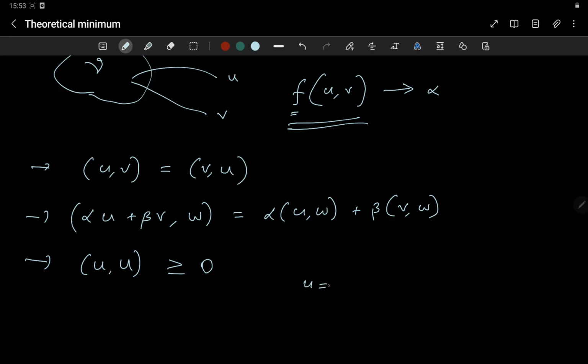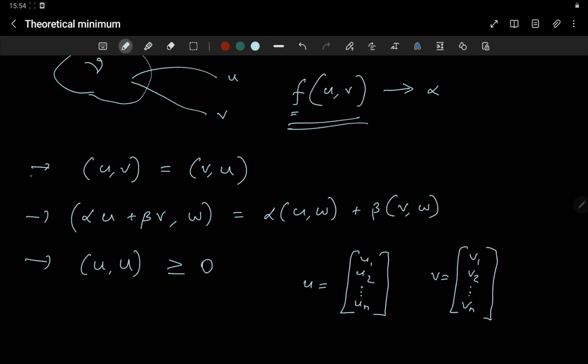So vector u can be written as u1, u2, dot dot dot un, right? And v can be written as v1, v2, dot dot dot vn, where u1, u2 or v1, v2 can take any real value.